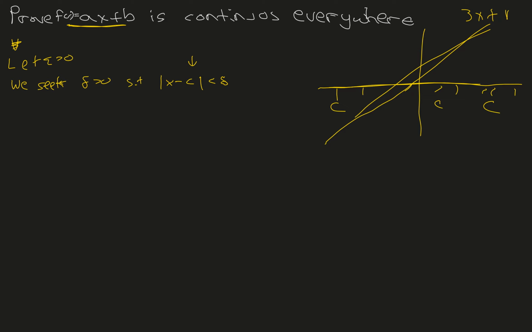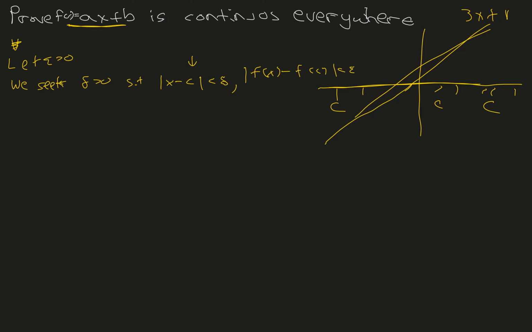such that |f of x minus f of c| is less than epsilon. Here we're proving any linear function ax plus b is continuous.